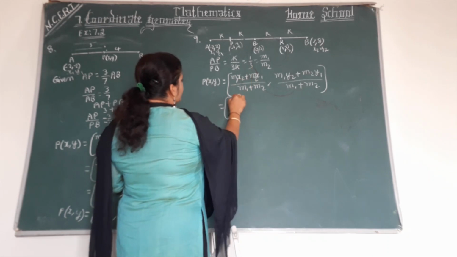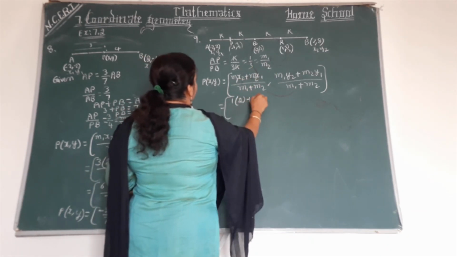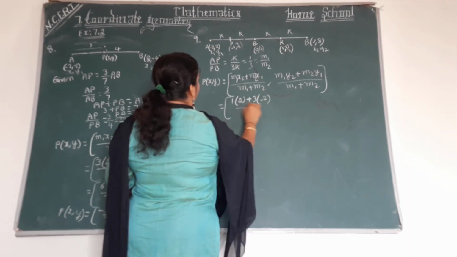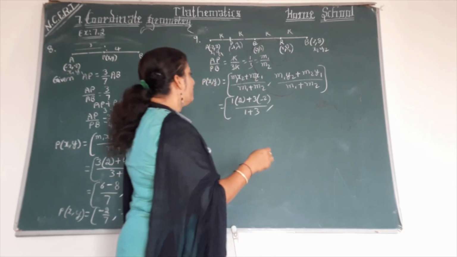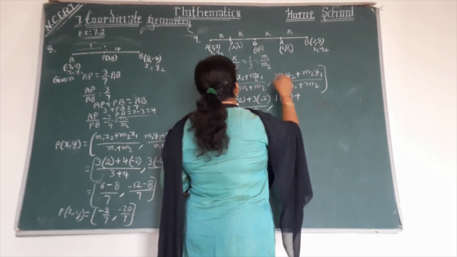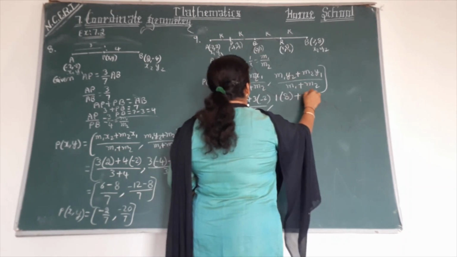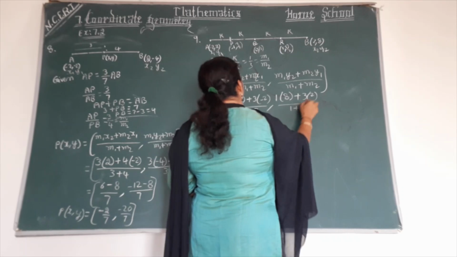M1 value is 1 into x2 value is 2, m2 value is 3, x1 value is minus 2, by 1 plus 3. What's your m1 value? 1, y2 value is 8, m2 value will be 3, y1 value will be 2, by 1 plus 3.